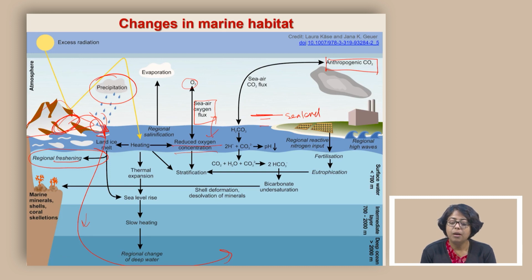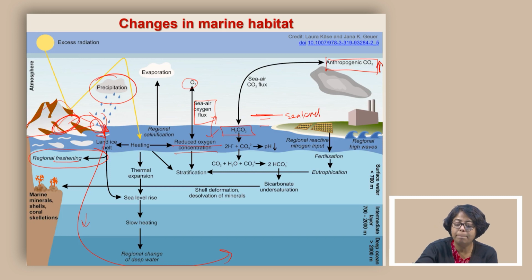Similarly, if the carbon dioxide level increases, it forces the ocean to take up some of this carbon dioxide. The ocean always takes up a bit of carbon dioxide, and once it takes it up with the water, it reacts and makes carbonic acid. If there is too much carbon dioxide, the production of carbonic acid will be more.